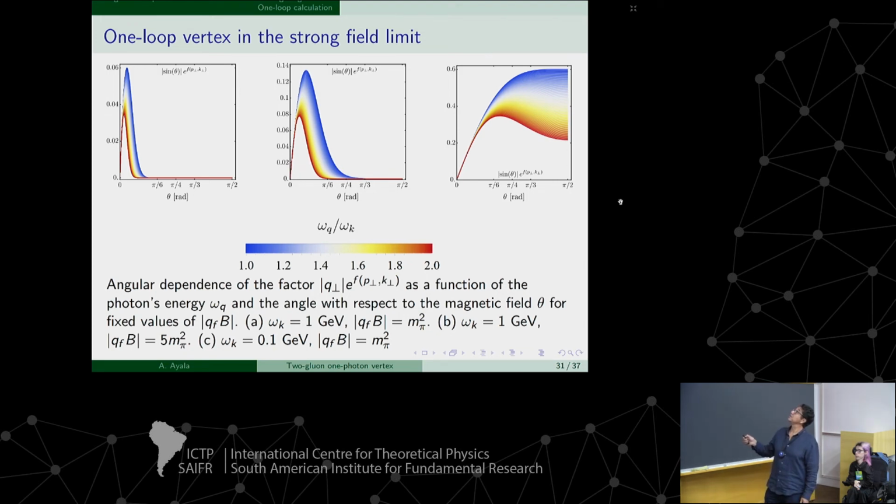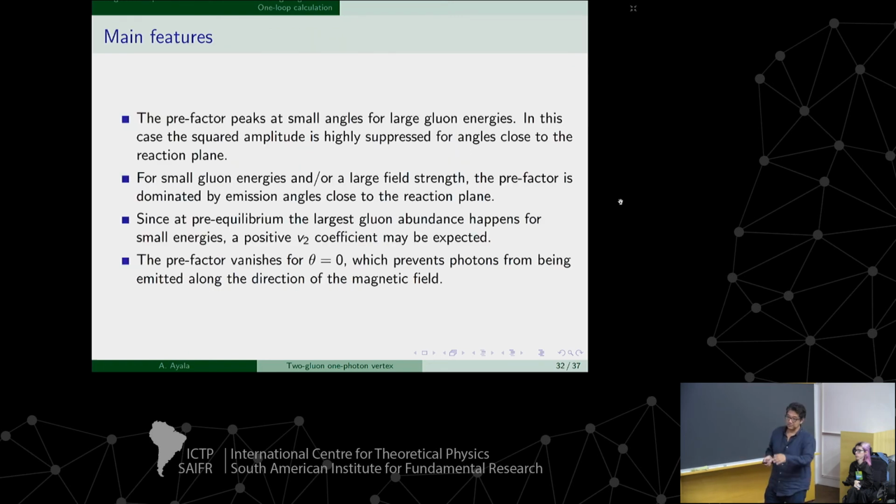So you see that you have an enhancement for in-plane propagation, that is pi halves. If this is the magnetic field and this is the plane of the reaction, photons tend to propagate in that direction.